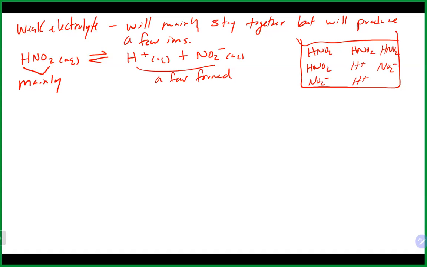And because a majority of it will stay together and you're only producing a few ions in solution, it is still able to conduct electricity, but not as strongly, because there are not as many ions floating around in that solution.